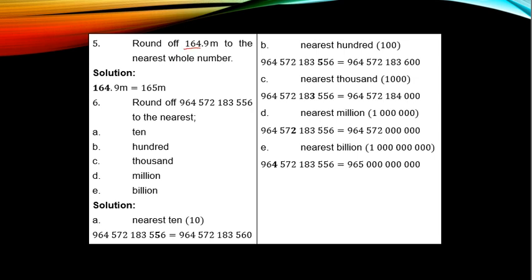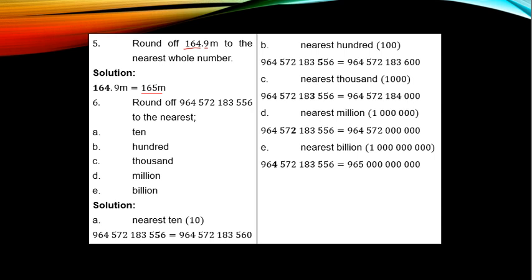To the nearest whole number, you look at the next digit after it, that is 9. 9 falls in the category of rounding up to 1. If you round 9 up to 1 and add it to 164, it becomes 165. Get that?